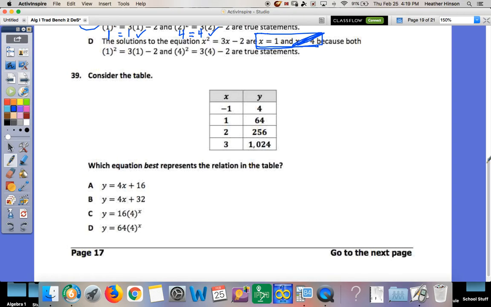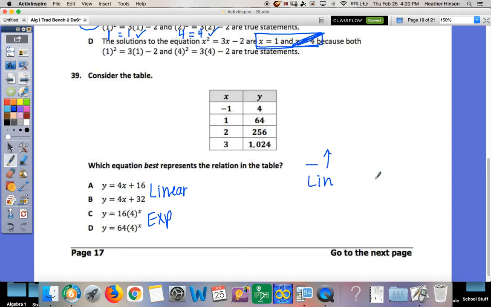39. Consider the table. Which equation best represents the relationship in the table? So we have two linear equations and we have two exponential equations. One second, double check this. Yes. So if it's linear, it's going to subtract up.